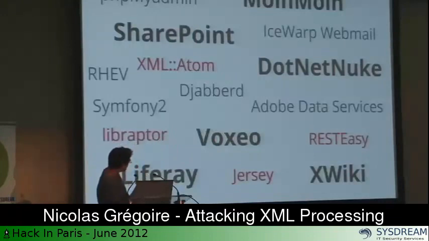For example, if you went to Hack in the Box, the DTMF talk was using this tool. It's vulnerable. This is used in a lot of applications. And this is the Red Hat virtualization tool. And it's vulnerable too, so you can grab the configuration file, for example.